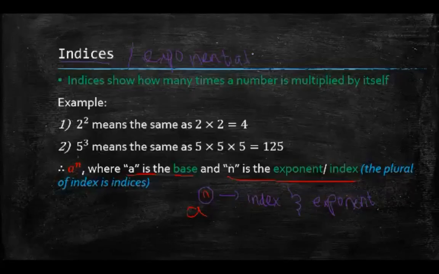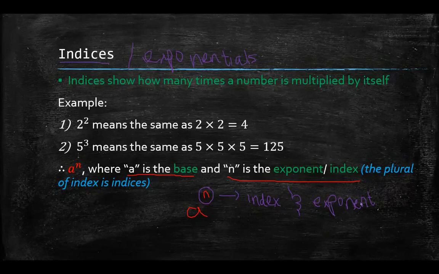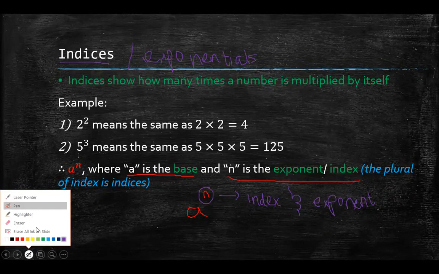That's why I said indices, exponentials, they're the same thing. Why? Because an index and an exponent is the same thing. So you good with that so far? Yes, Miss. Yeah. Okay.